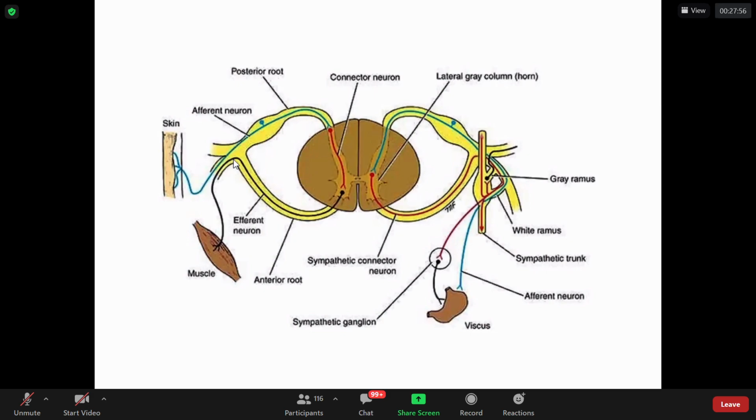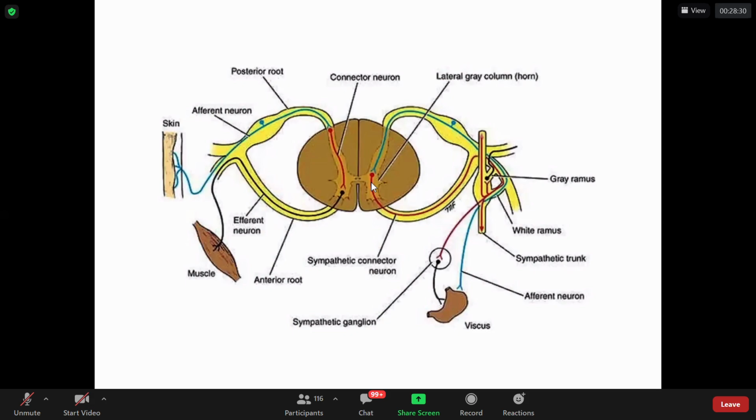This right half shows the somatic nervous system and this left half shows the autonomic nervous system, particularly the sympathetic one. Okay, I'm coming to the point. You see, both of these are present on both the sides. I don't think you are so naive as to think that the somatic nervous system is always on the right side of our body and the autonomic nervous system is always on the left.